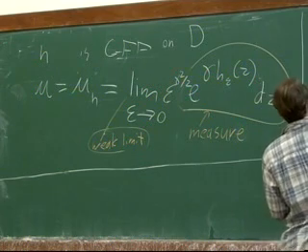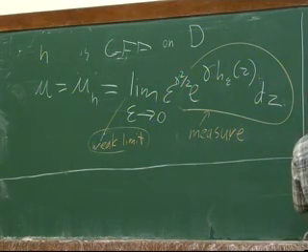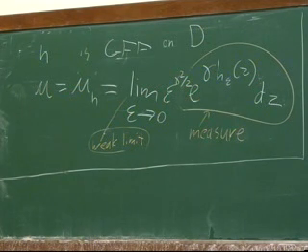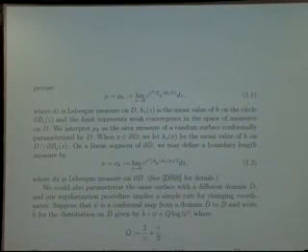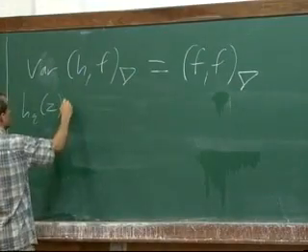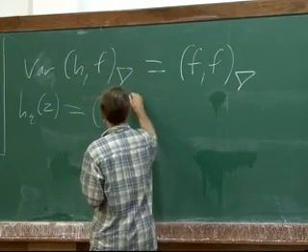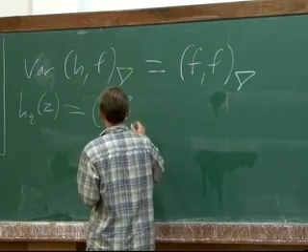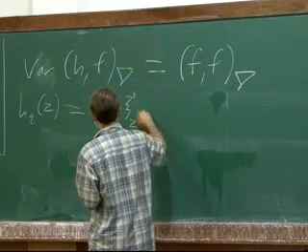In general, remember the variance of h, Dirichlet inner product of f, is equal to the Dirichlet inner product of f with itself. And h epsilon of z is equal to the Dirichlet inner product of f with a particular function, which I'll call psi epsilon sub z.